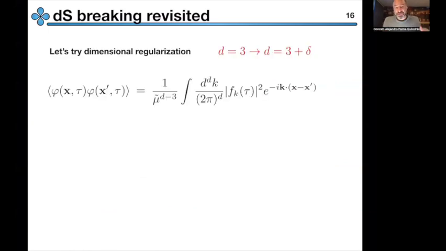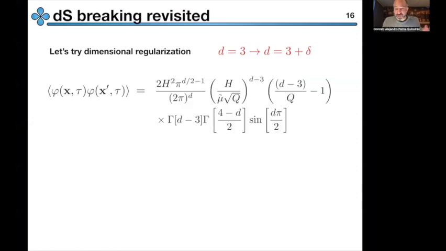So in fact, there is a method, and this is just dimensional regularization. So let's take a step back and write down the two-point correlation function in d dimensions. And this is the expression that you get for a general d dimension. And if you now directly solve this integral, this is what you find. And you can see that, again, it is a function only of q, the de Sitter invariant variable. Now you need to perform the limit d going back to 3, which is the number of spatial dimensions.